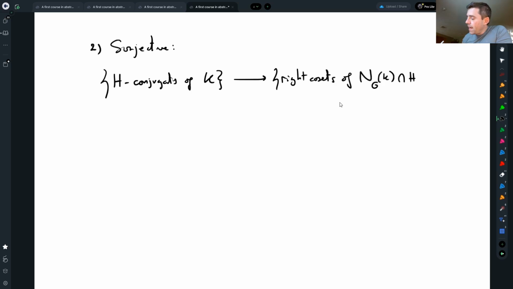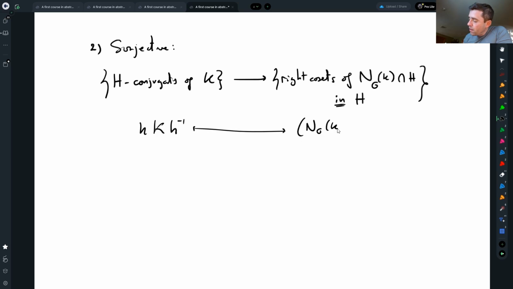Not in G, but in H. And the map goes from the conjugate h^{-1} K h, which was sent to N_G(K) intersect H times h. So now it's clear that this is surjective.